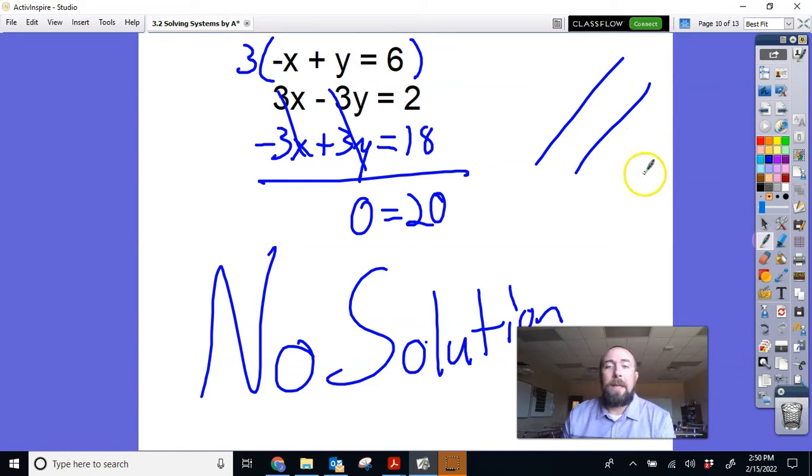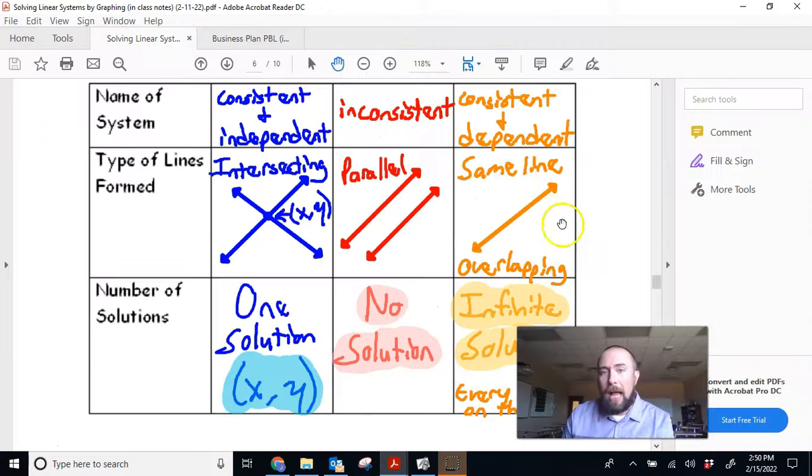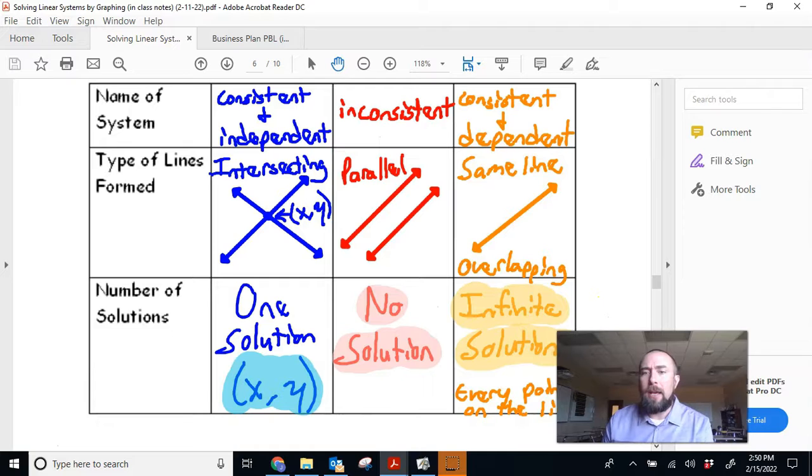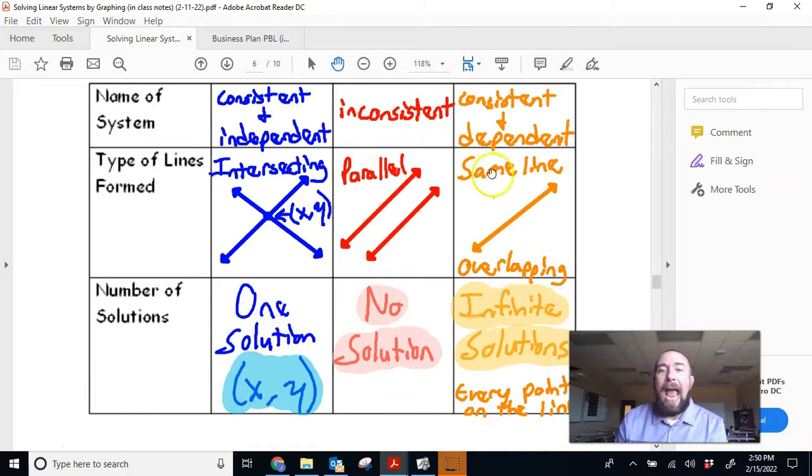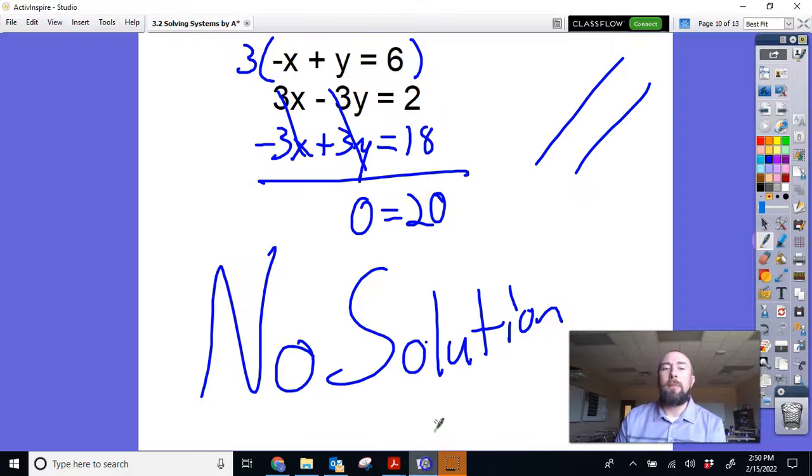All right. Now, what would it look like if it was infinite solutions? Well, if you had the same line like we did the other day in class, the same line would cancel out completely, meaning you would have 0 equals 0. You would not have 0 equals 20. That means they're not the same line, but they do have the same slope. 0 equals 0 would mean they're the exact same line.